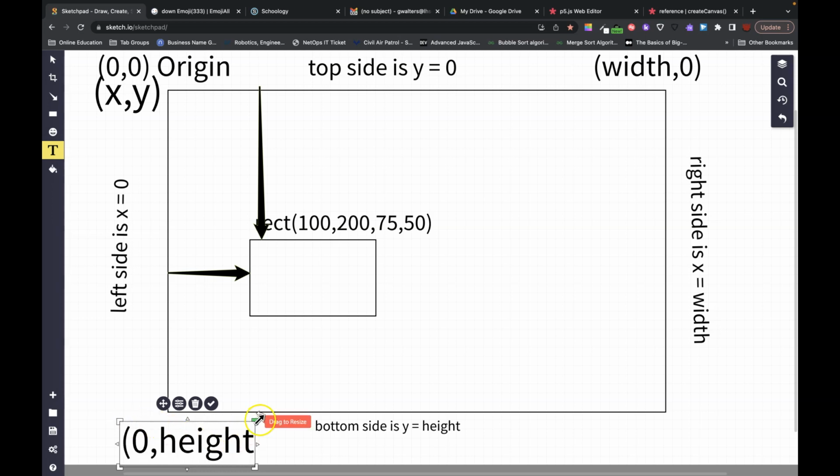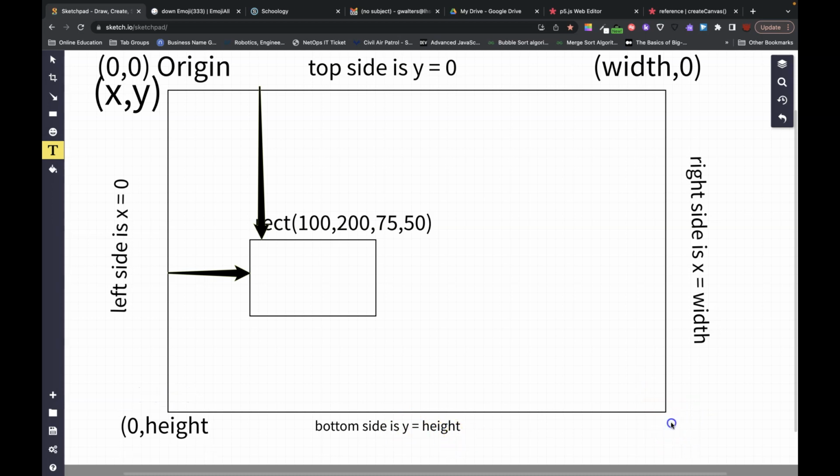That's how I'm referencing this bottom left-hand corner. Now for the bottom right-hand corner, I moved to the right side of the canvas, so my x should be width, and I'm towards the bottom, so my y should be at its max value.